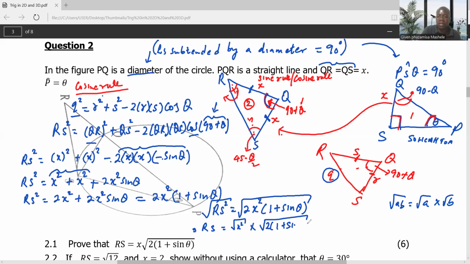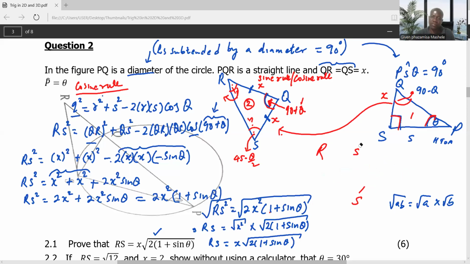Because the square root of 2 will give us a decimal, I'll just leave it inside. And what is the square root of X squared, guys? It's X. The rest just remains the root of 2 into 1 plus sine theta. So we have proved our expression. I believe, guys, you're following. Then what is the second question?